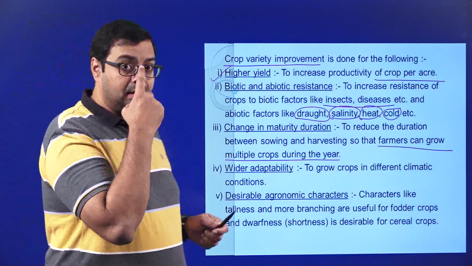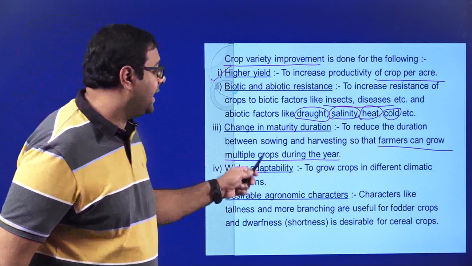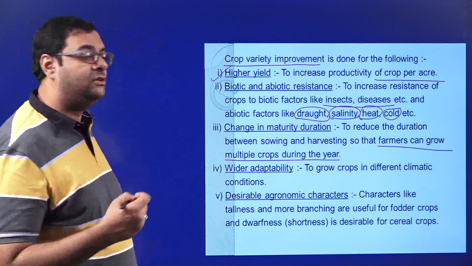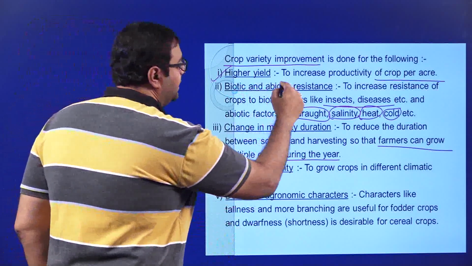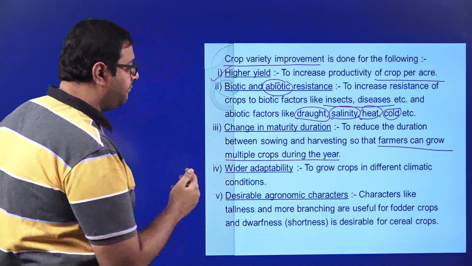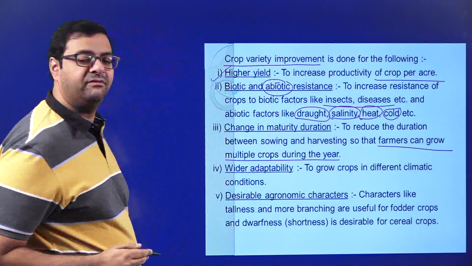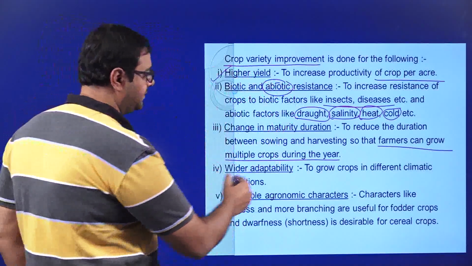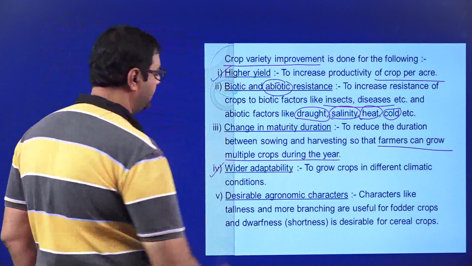Now, next one, wider adaptability. You have seen abiotic resistance. If we use crop variety improvement techniques, we get wider adaptability.